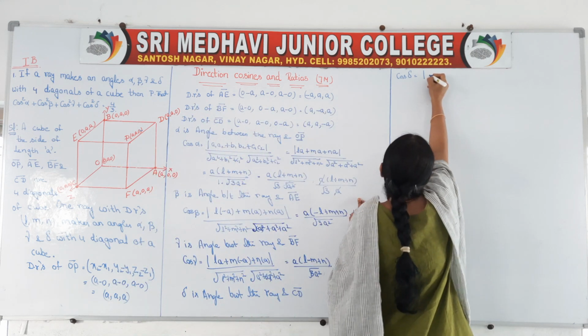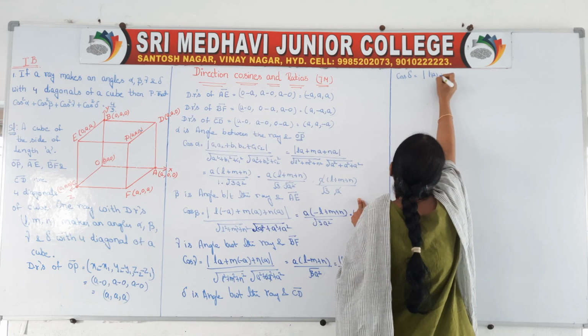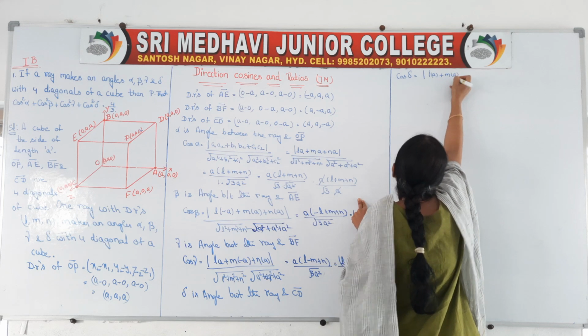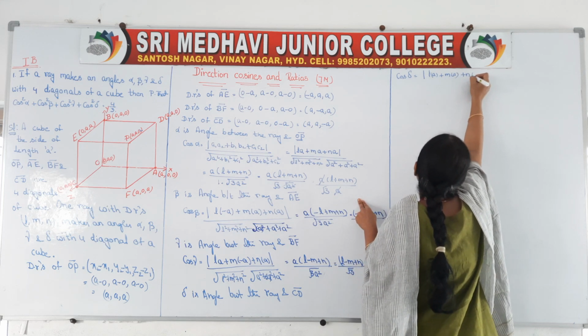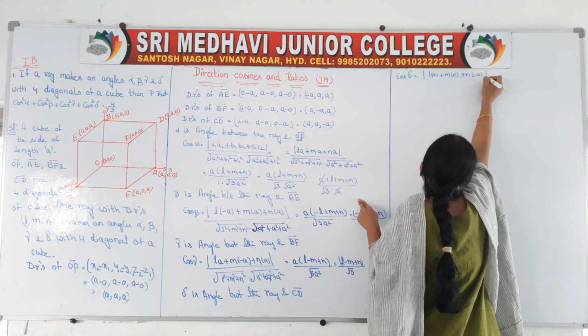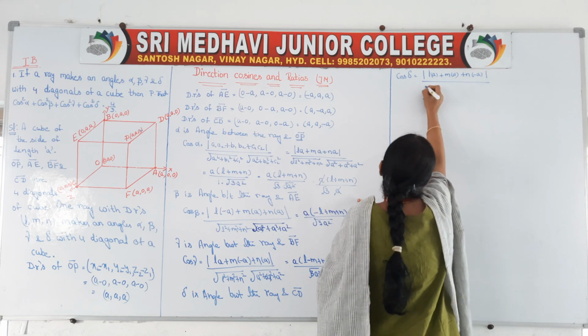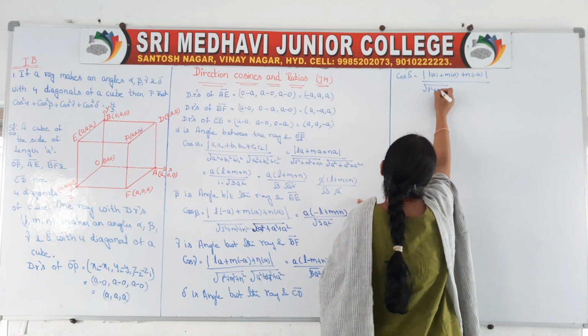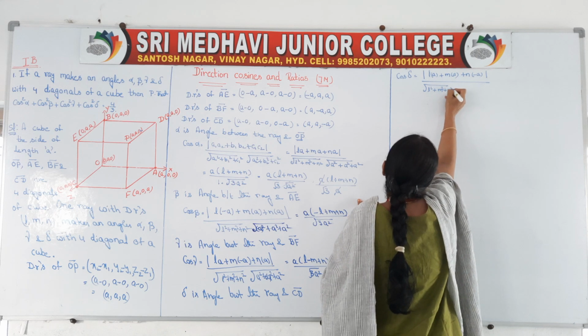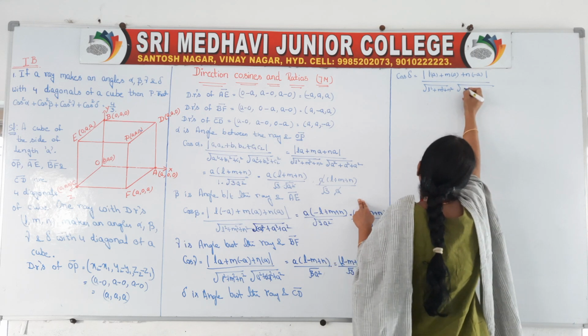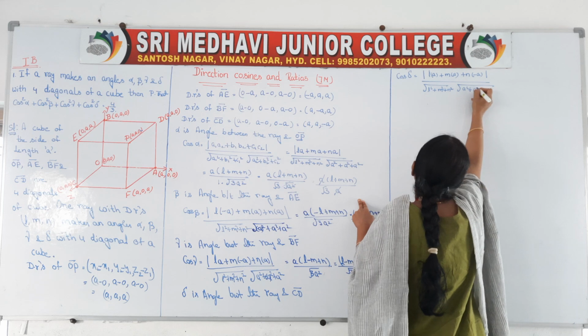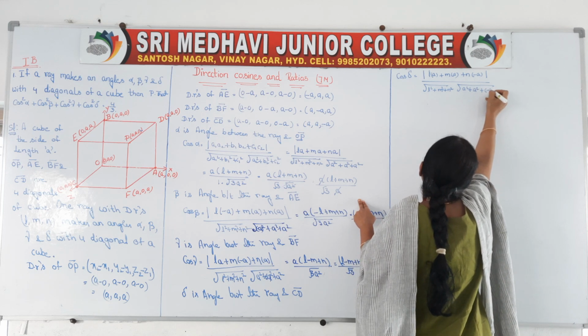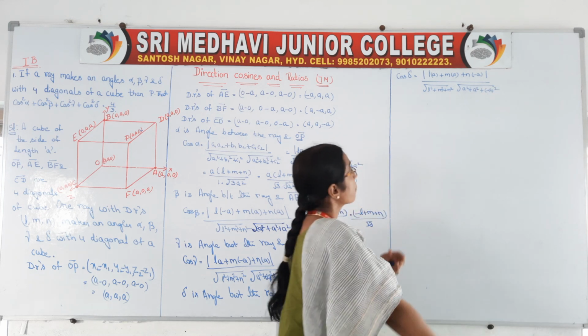So l into a plus m into a plus n into minus a, by root of l square plus m square plus n square into root of a square plus a square plus minus a whole square.